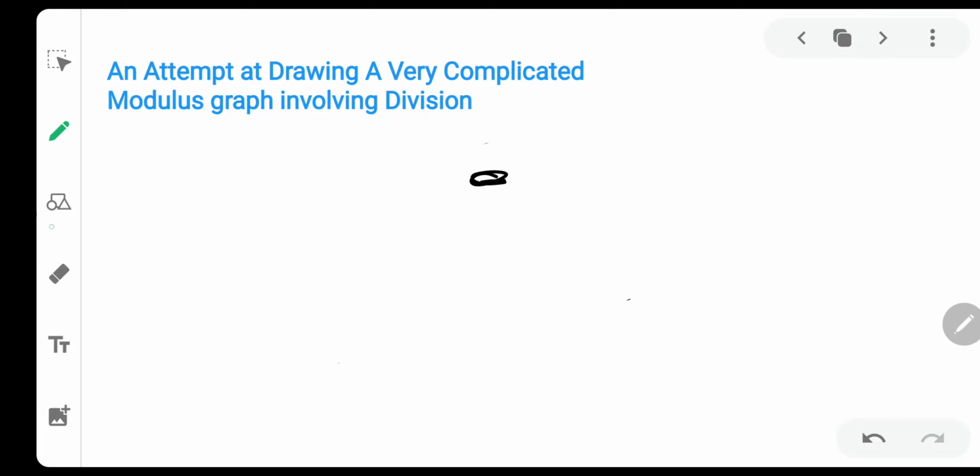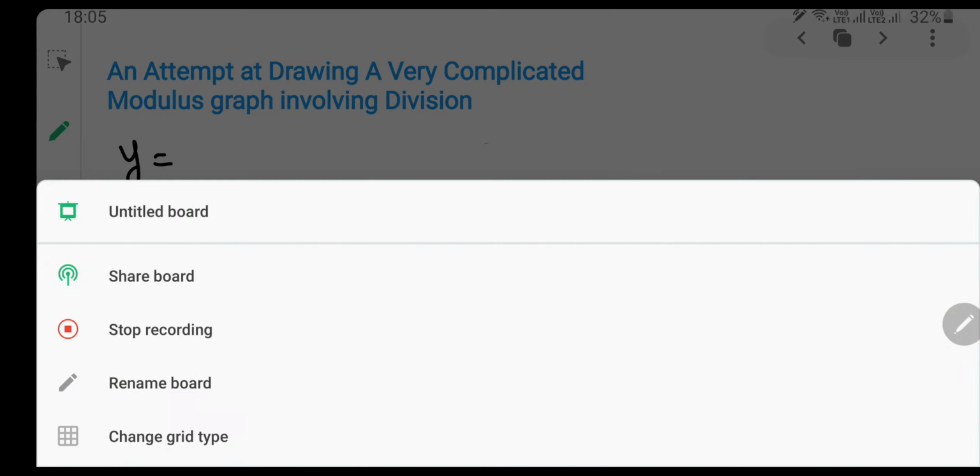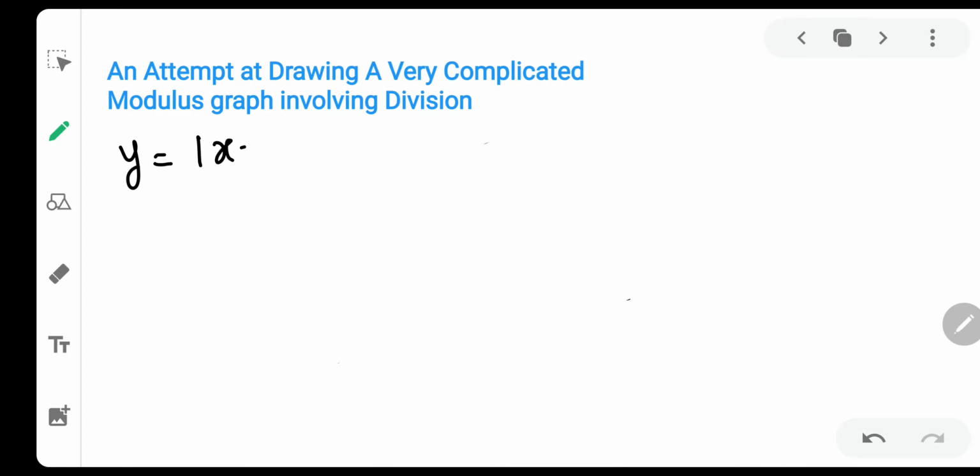So the function is y is equal to mod of x plus 2 upon 2 minus mod of x. The first thing that should come to your mind is when the numerator and the denominator turn 0. I call them the critical points.